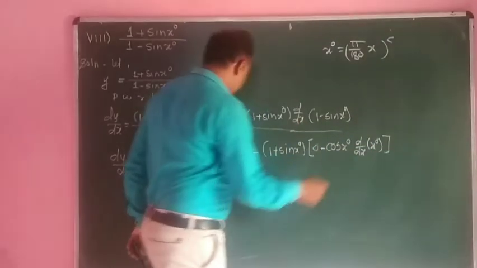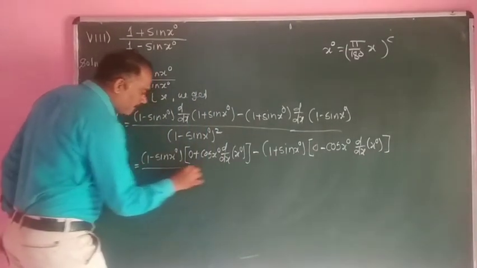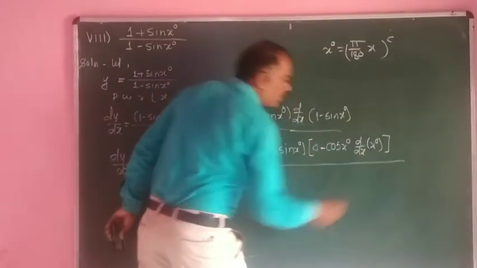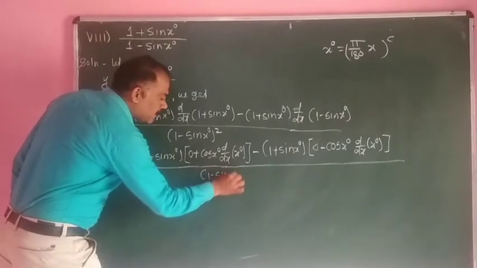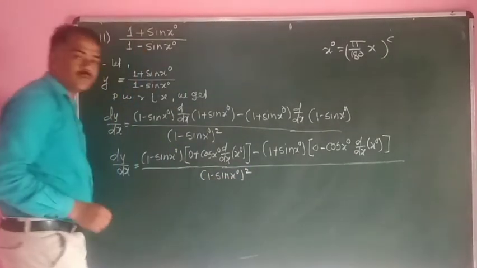Bracket is complete. Divided by square of the denominator, that is (1 minus sine x degree) whole square.